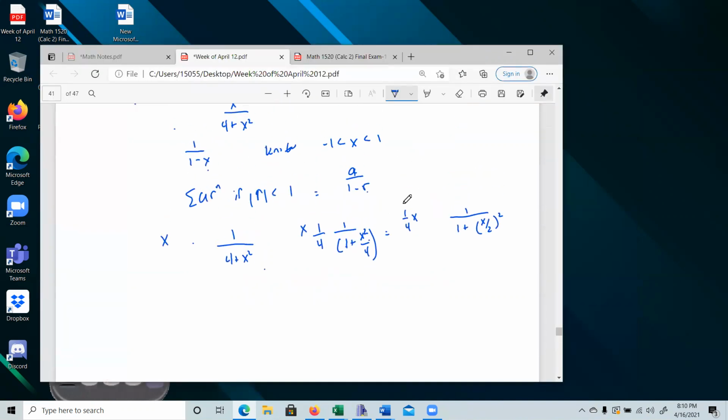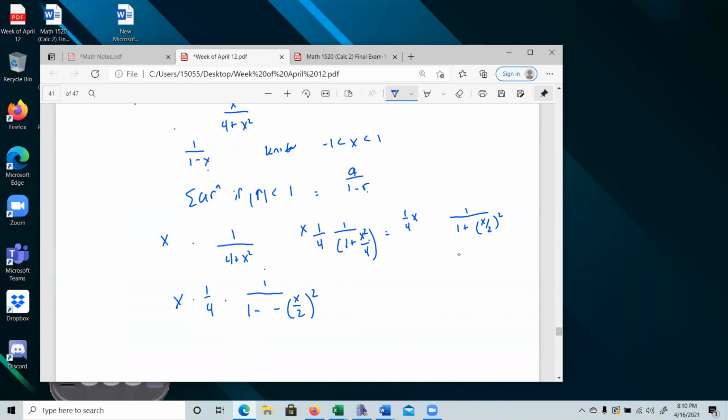So the next thing we're going to say is, wait a minute, now this thing has a minus in it, and yours doesn't have a minus in it, but it does. So this is x times 1/4 times 1 over 1 minus negative x over 2 squared. You see how that happens?